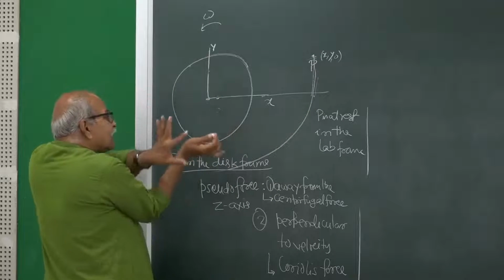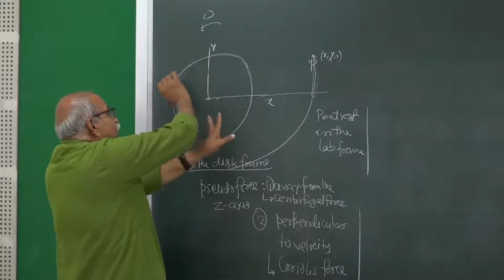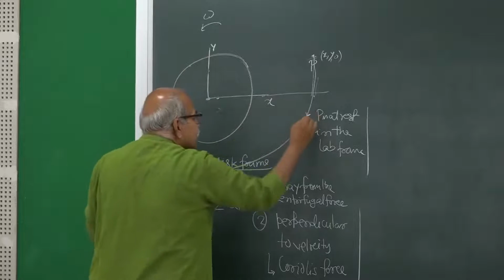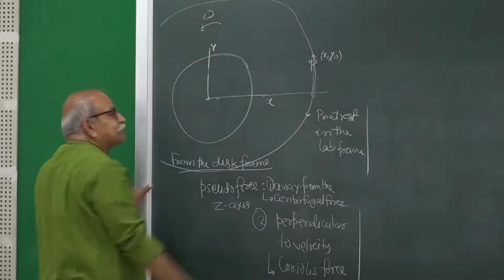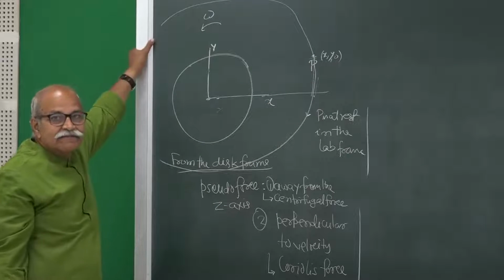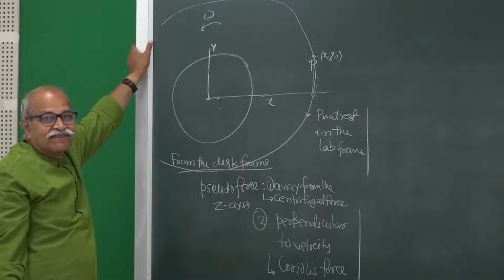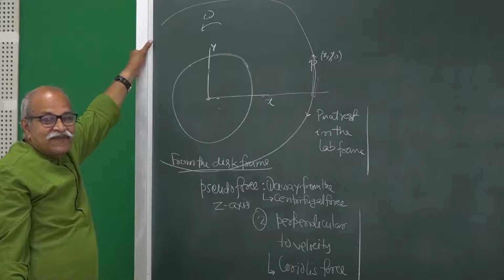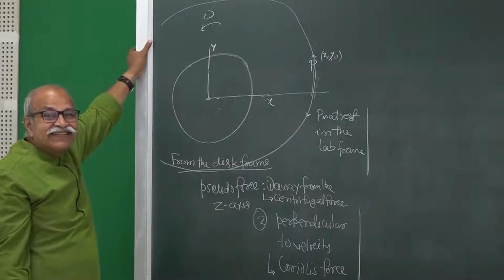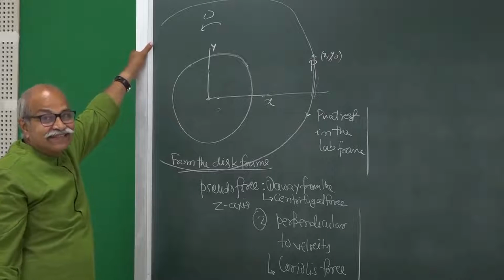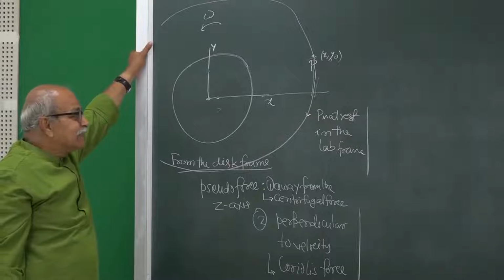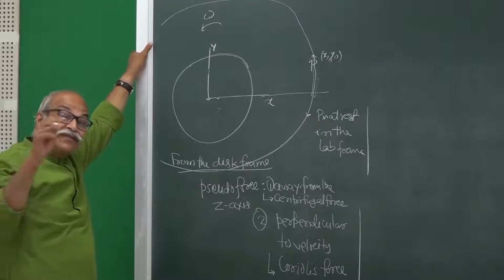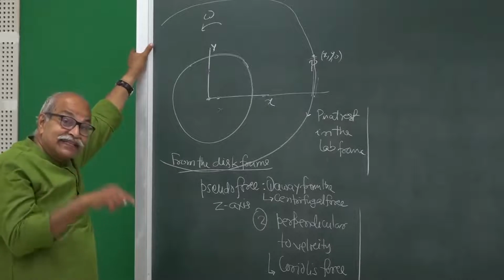If in the lab frame the disk is rotating this way, this particle is going in a circular path, like this. If it is going in a circular path, it is accelerating. So, in the disk frame, if I want to use Newton's second law, there is an acceleration.